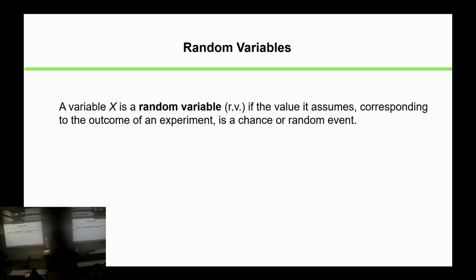So statisticians are primarily concerned, when we talk about random variables, with quantitative random variables, but we do lots of non-quantitative ones, like categorical variables such as colors and that kind of thing.